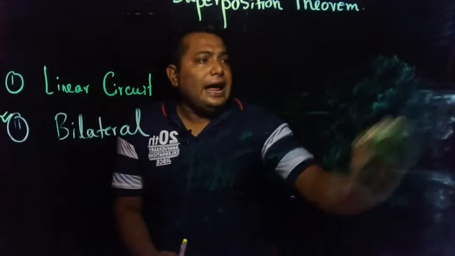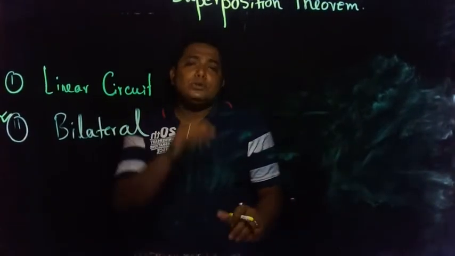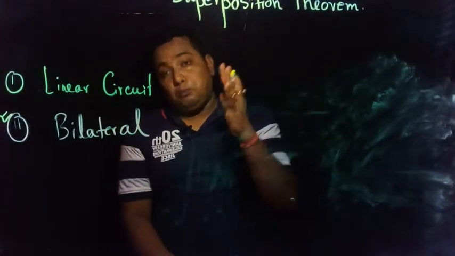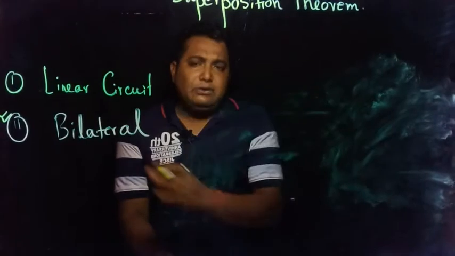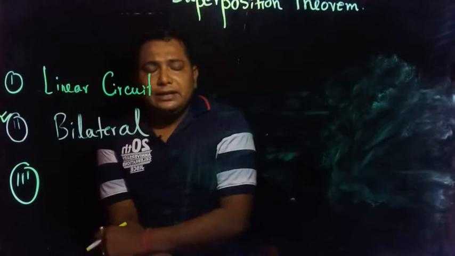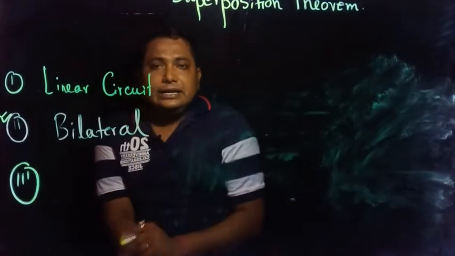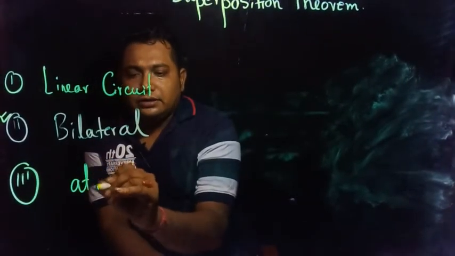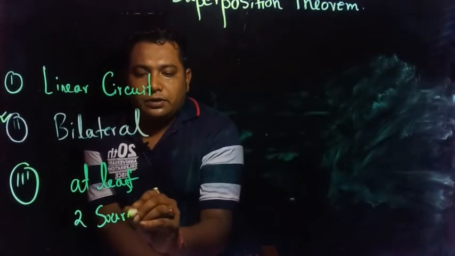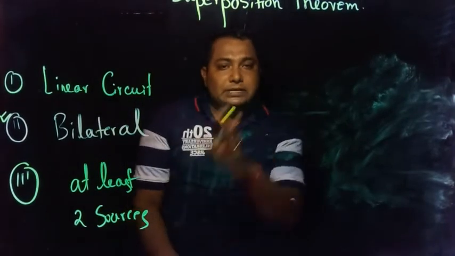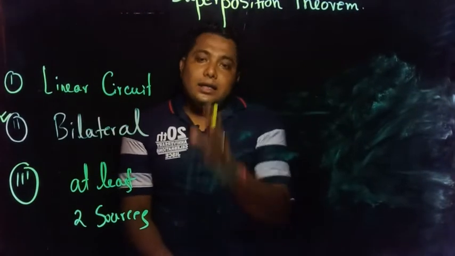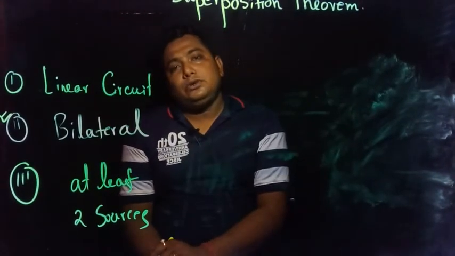After that, the most important, unique characteristic of the superposition theorem is that the circuit must contain at least two sources. That means a circuit which contains at least two sources, maybe voltage, maybe current, there only we can apply this superposition theorem.